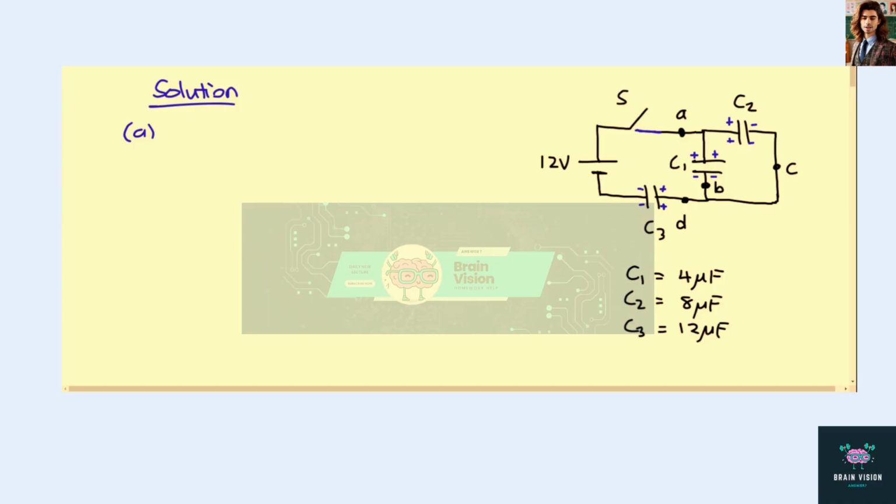The side with A is connected to the positive terminal of the battery, so it will be positively charged. The left plate of C3 is connected to the negative terminal of the battery, so it will be negatively charged.